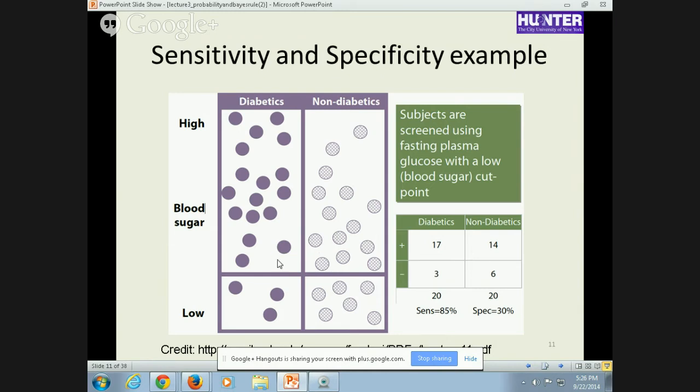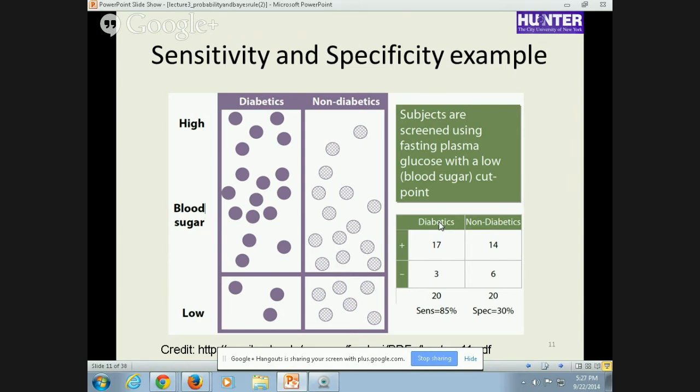And here's the screening test, which is blood sugar. Diabetics tend to have a higher blood sugar level than the non-diabetics. But as you can see, there's a certain amount of overlap among them.